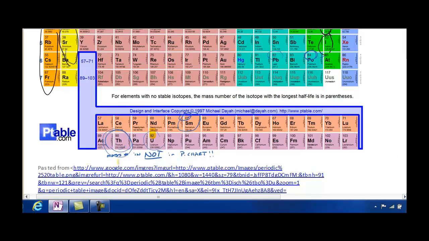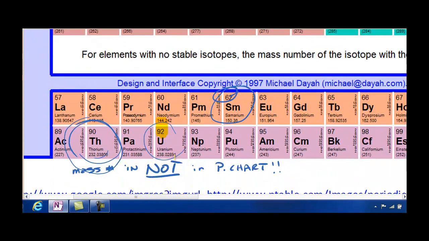So am I looking at mass number in the periodic chart? Mass number is not in the periodic chart. Did we hear that enough? We said that many times in Module 2 because you kept on wanting to look for that in there, and you're going to want to do the same thing in Module 7. It's not going to be there.